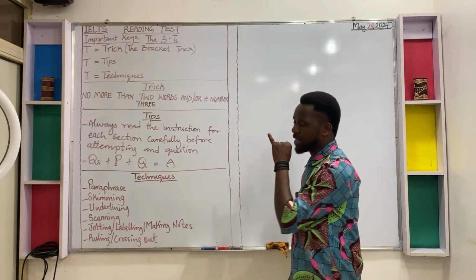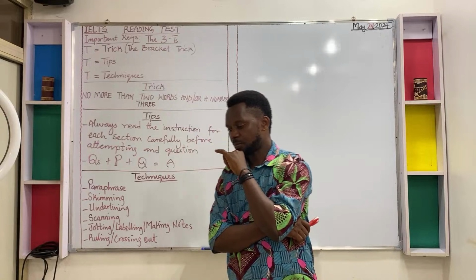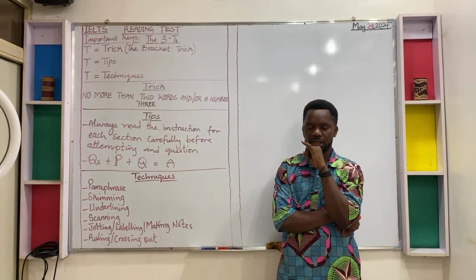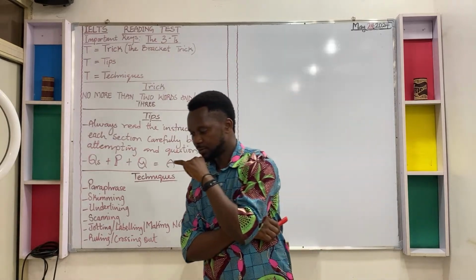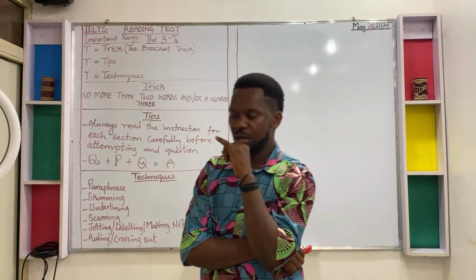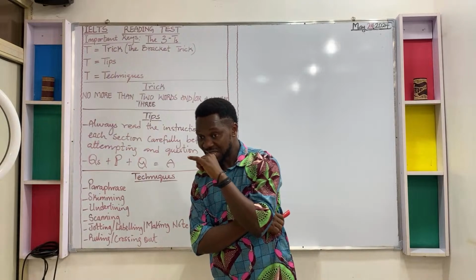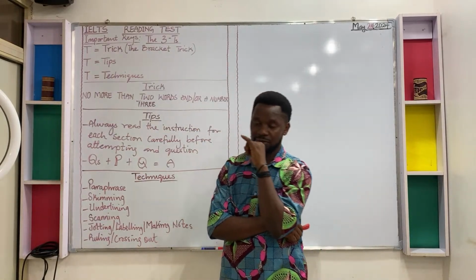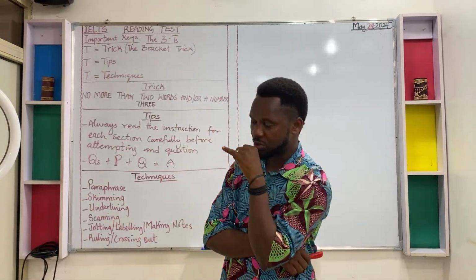You need to underline names of the key players in the issue of discourse. Now, these key players might be researchers, they might be inventors, they might be victims of a particular situation. They might be anything, but they are the major focus in that particular passage.